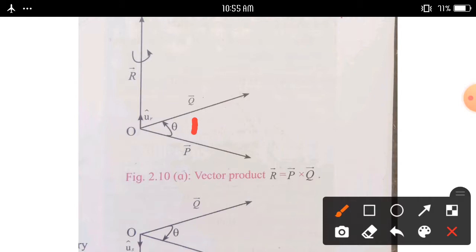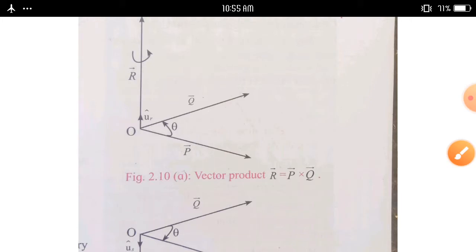p bar cross q bar. Here p bar multiplied by q bar, we write the multiplication with this cross sign. Hence the product between these two vectors is called the cross product of two vectors.